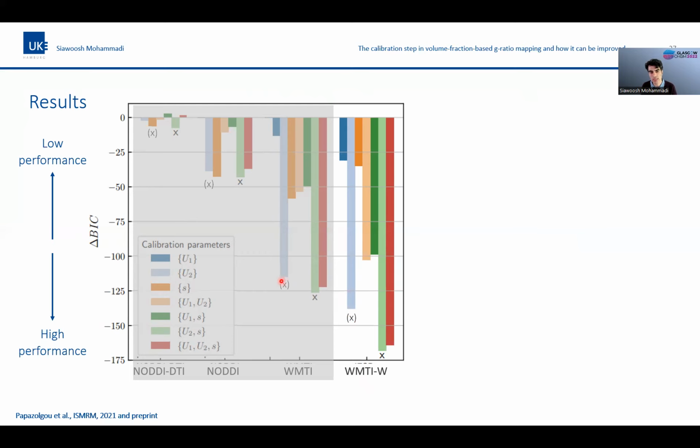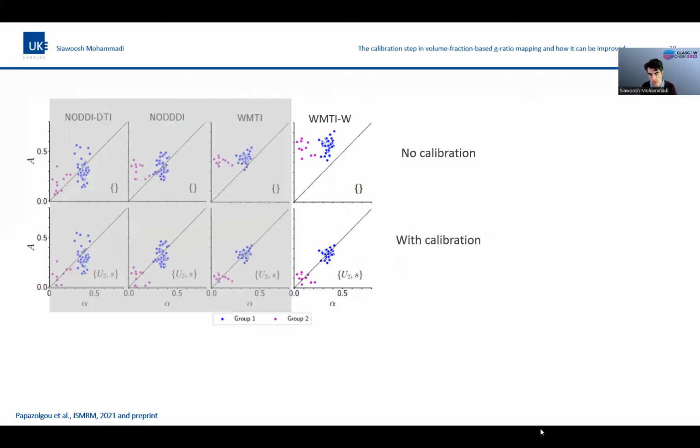And that's the same for some other models as well, which I didn't talk about here. And here, just to visualize how that looks for the scatter plot, you see without calibration that basically the TSC2 mice are almost not correlated between the histological measure and the MRI measure here. But when we use a calibration, we find a nice correlation.